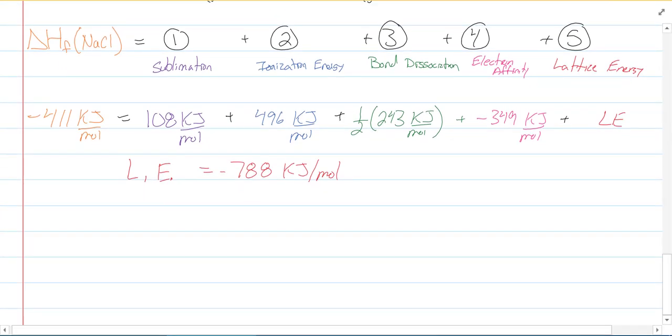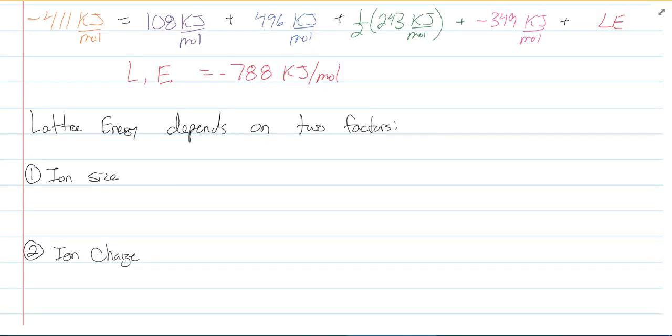So lattice energy depends on 2 factors. Those 2 factors are ion size and ion charge. As for size, as radii increase, lattice energy becomes less negative.